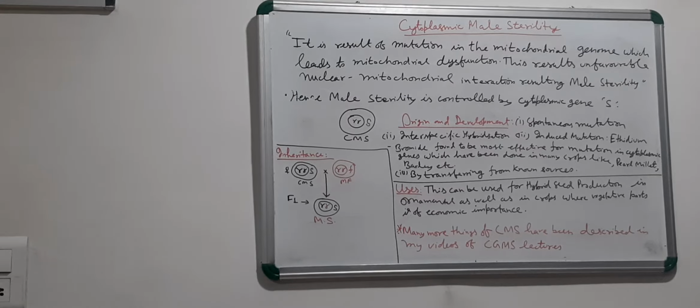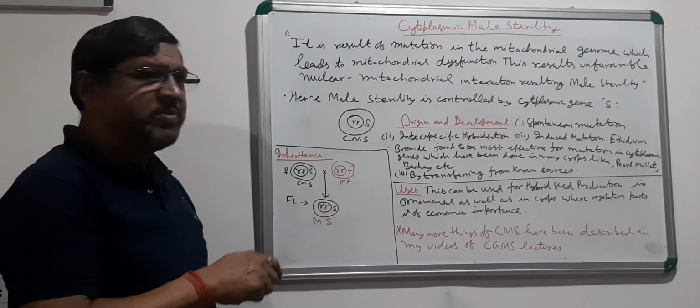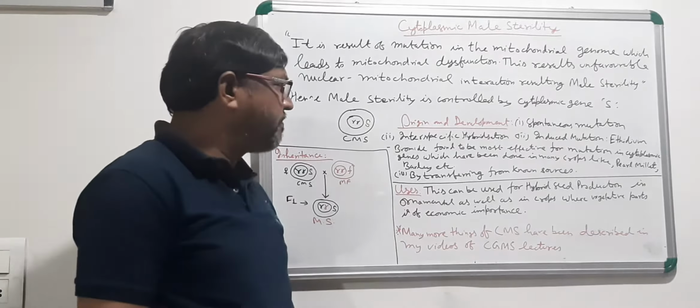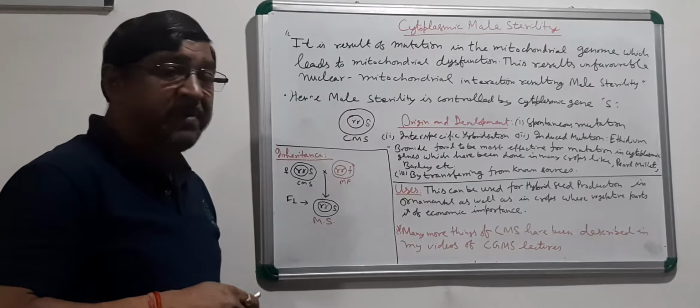Here you see the CMS. The capital S is in the cytoplasm, as you know that mitochondria is in the cytoplasm. As for the origin, it originated through spontaneous mutation, which has been observed in many crops and plants. It occurs due to spontaneous interspecific hybridization.